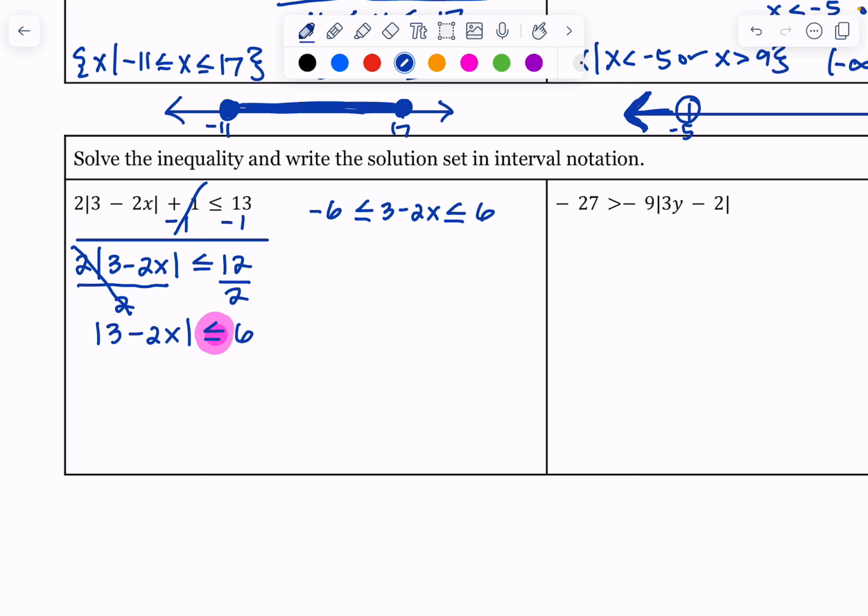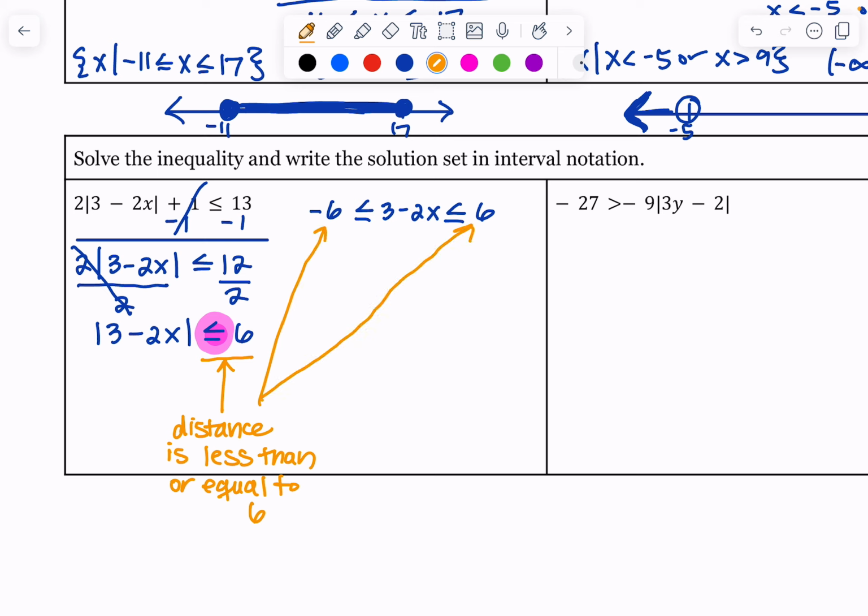And really what this means, I'll write it in a different color, is that the distance is less than or equal to 6. And so that would mean that the absolute value is -6 to +6. That's all that means.